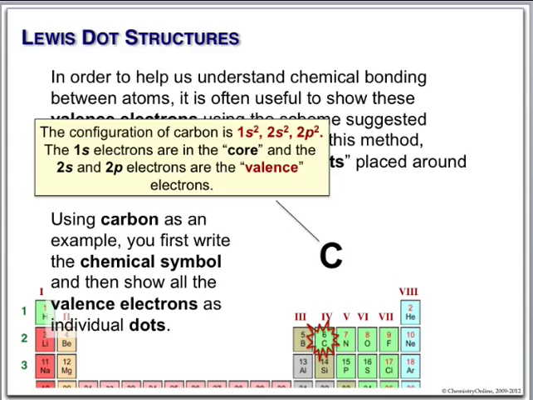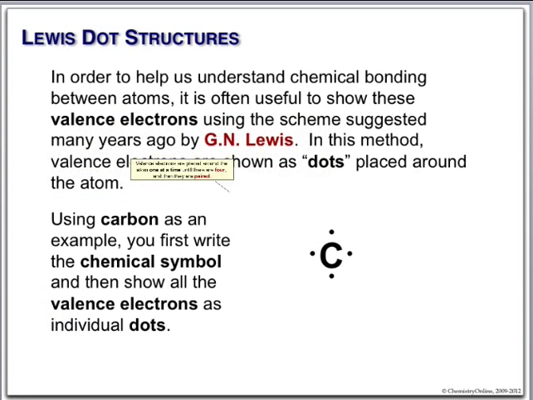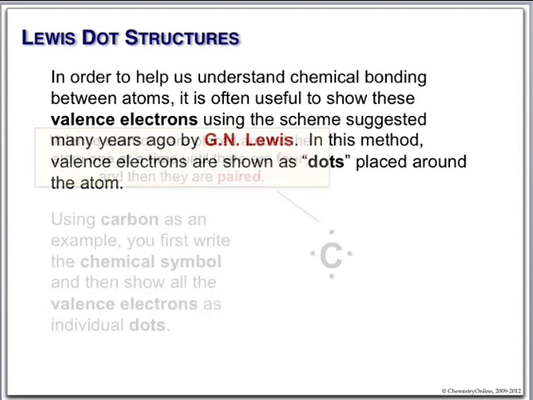So for carbon, we have 4 valence electrons, and they go in like this. And that is the Lewis dot structure for carbon. The symbol and the valence electrons. Now this is so much fun, let's do it again for fluorine.